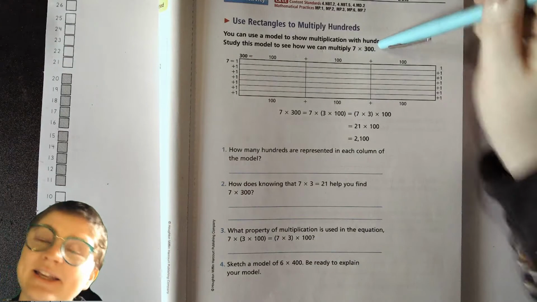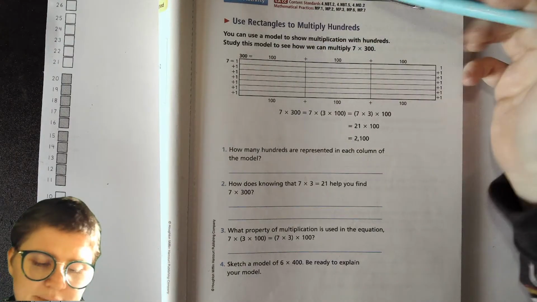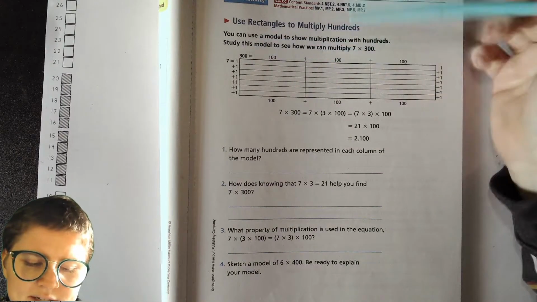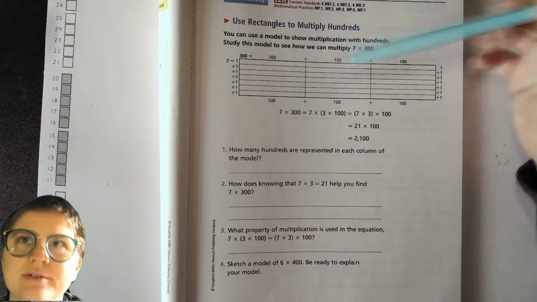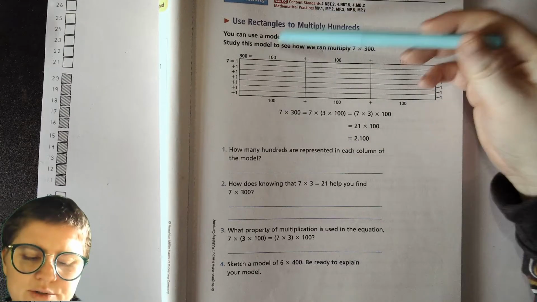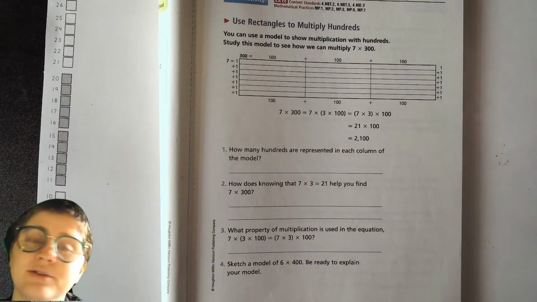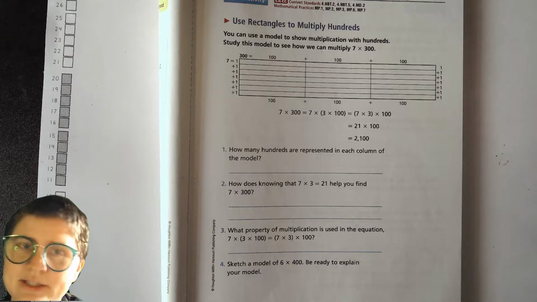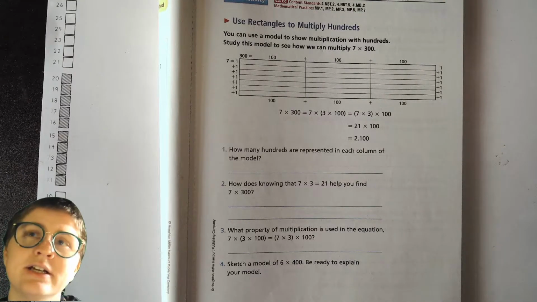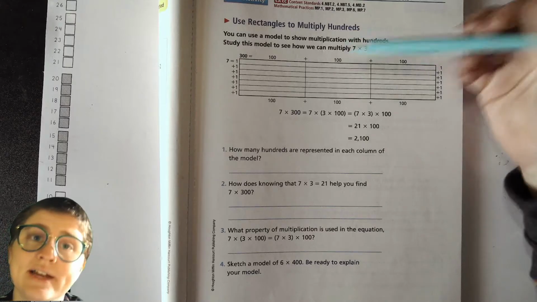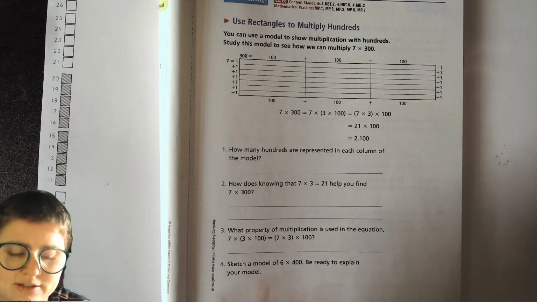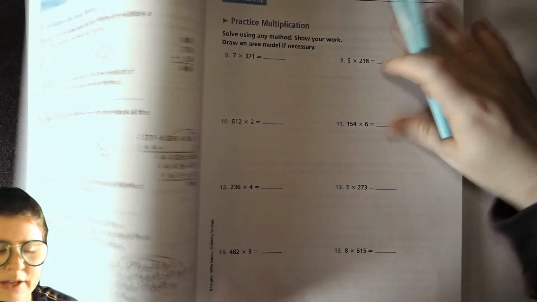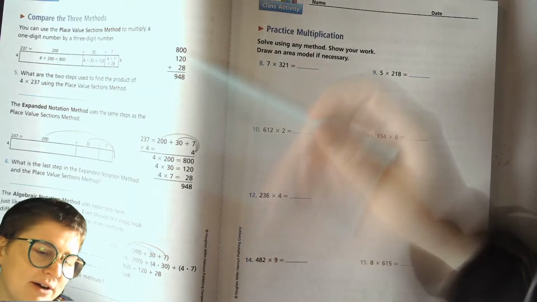In this lesson, we're talking a little bit about using our area model setup to do three-digit numbers, and you'll soon find out that it's basically just the same idea, just instead of only using ones and tens, you could use it with hundreds. Don't worry about it. Then we're going to compare some of the different methods, see what they have in common.